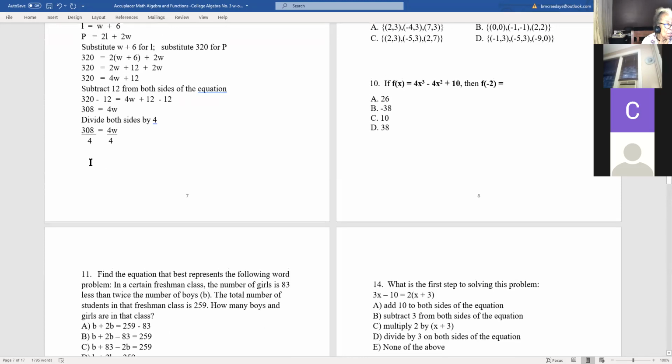308 divided by 4 is what? No. 308 divided by 4. Hold on.